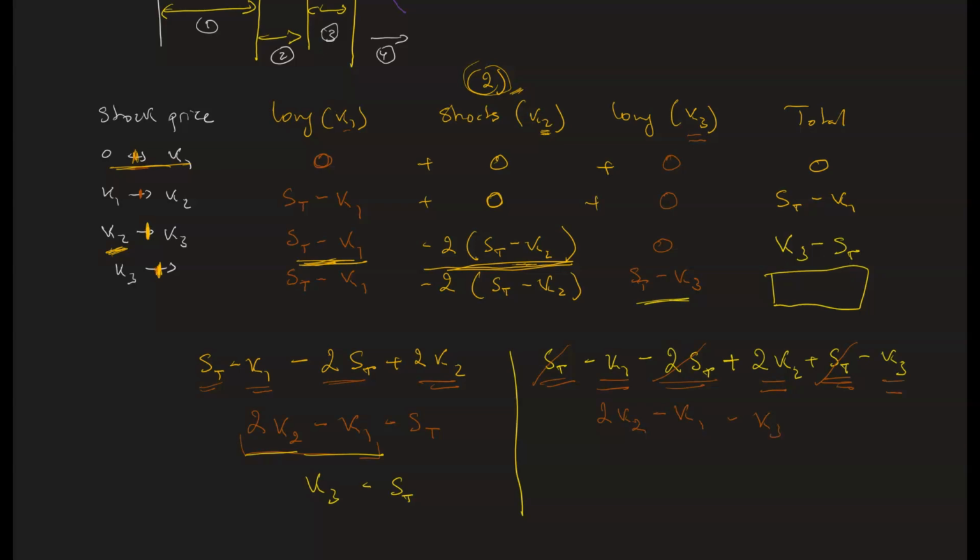We just learned that 2 times strike price 2 minus strike price 1 is equal to strike price 3. So that is strike price 3, minus strike price 3, so that's equal to 0. Our outcome here is therefore equal to 0.